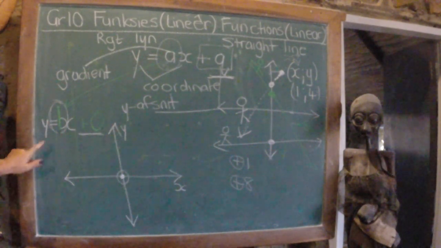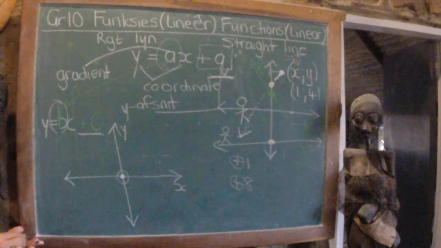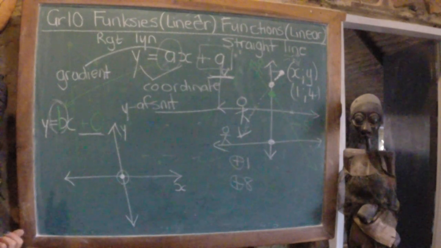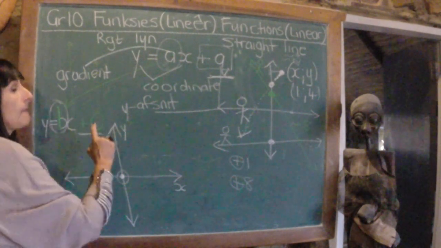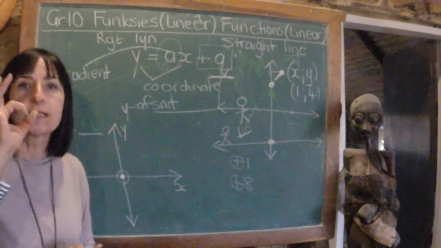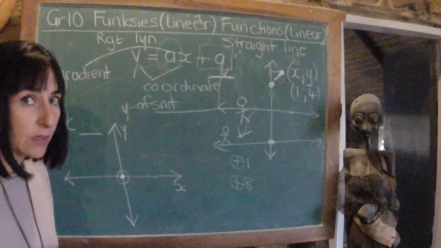So wanneer ek nou 'n standaard vergelyking kry, listen carefully, when I get a standard equation where my q value equals 0, then I need to draw a table.